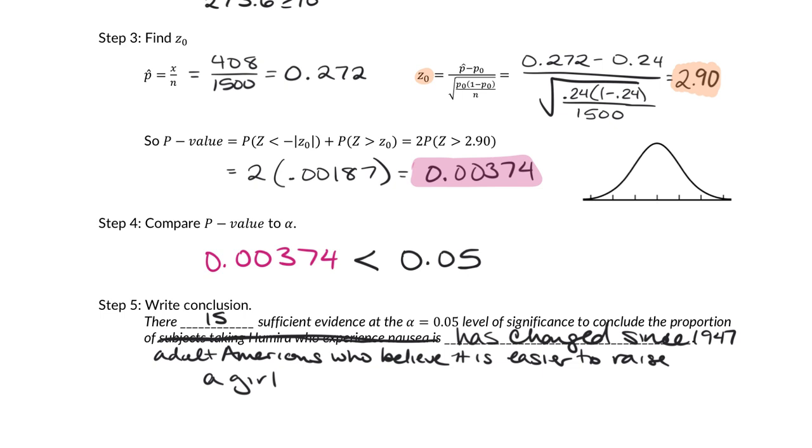So again, our p-value this time was less than our level of significance. It, that doesn't look like the word it, but it sure is supposed to be. In the problem before this, the p-value was bigger than our level of significance, so we did not reject the null hypothesis. Here, the p-value is less than the level of significance, so we do reject the null hypothesis.